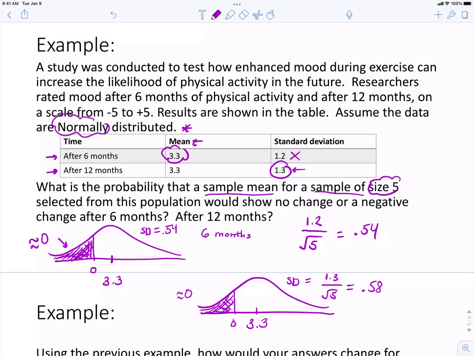Okay, so it's very unlikely that in either scenario you're going to have no change or a negative change. So in other words, under both scenarios, 6 months out or 12 months out, the people tended to have a much more positive attitude towards exercise, being more likely to keep on exercising.